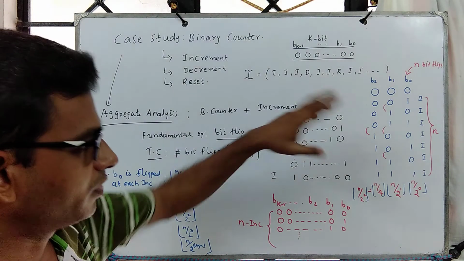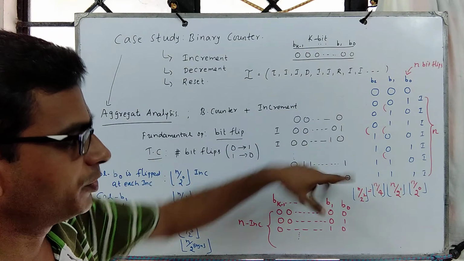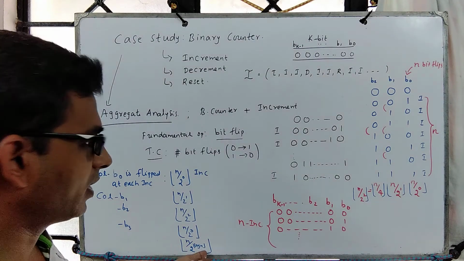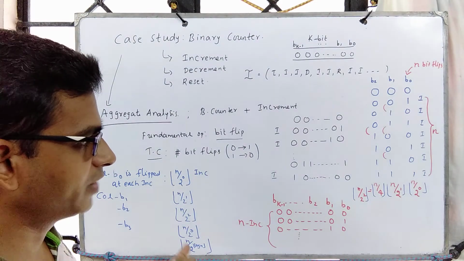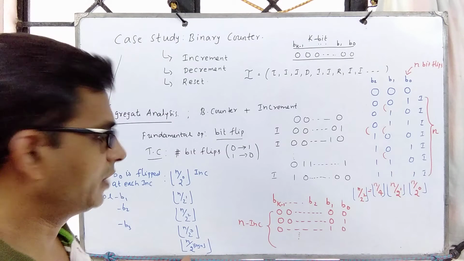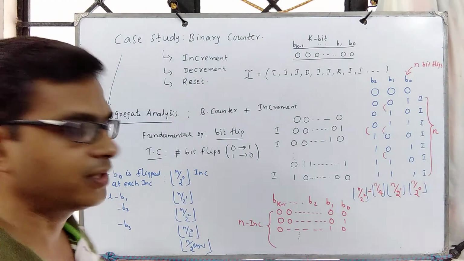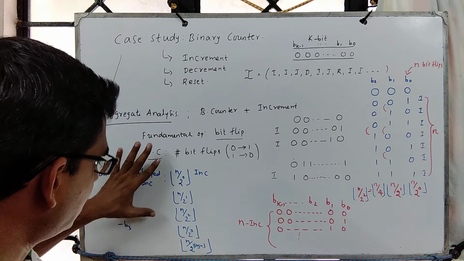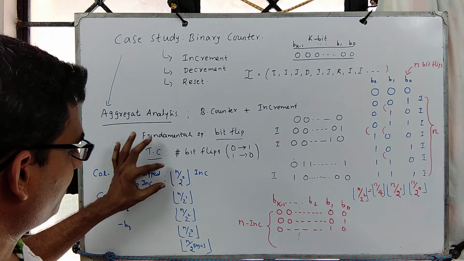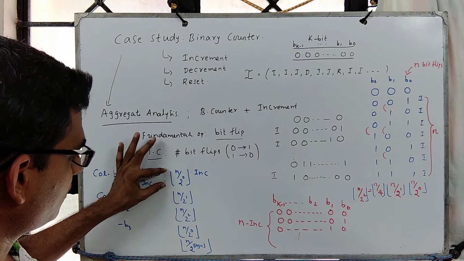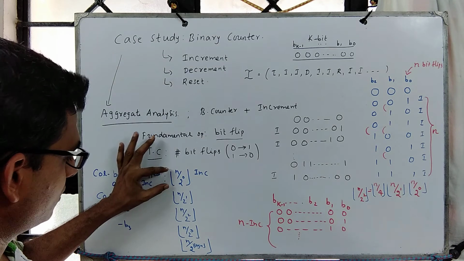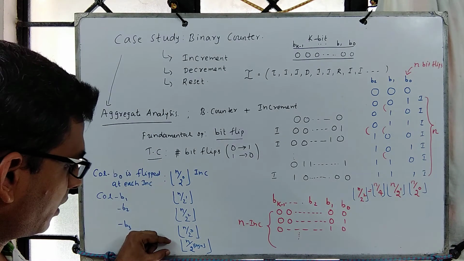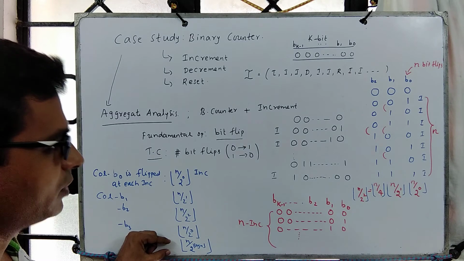Suppose you have one more, then you can go up to 31. Then you see that log 31 base 2 is 4. You will add until n by 2 power 4. Now we just have to sum this. Number of bit flips in the first column or column B0 is so much, column B1 is so much, and the column B log n is so much.